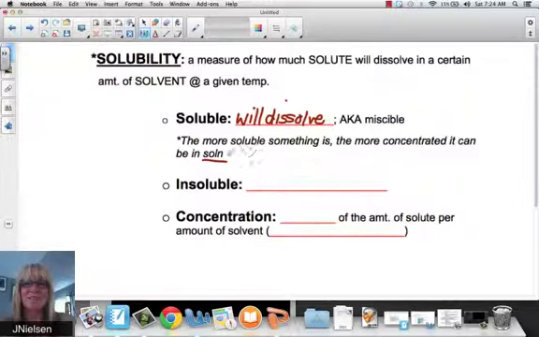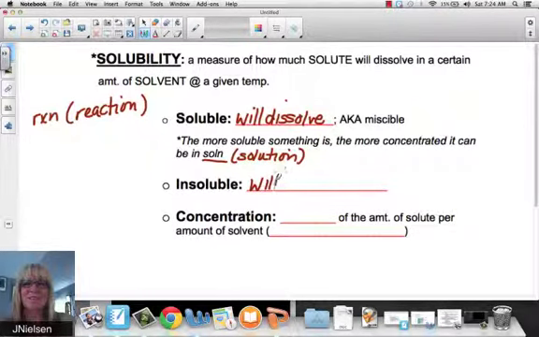If you see this abbreviation, that's an abbreviation for solution. Just like in the past I've told you that RxN is an abbreviation for reaction. If something is insoluble, then it's safe to assume that it will not dissolve.